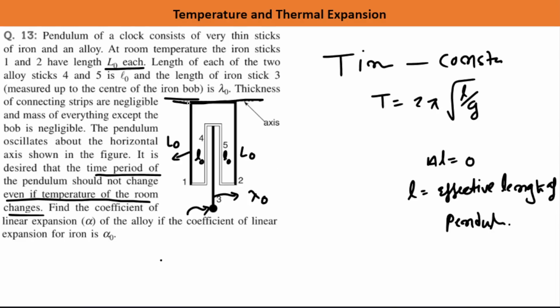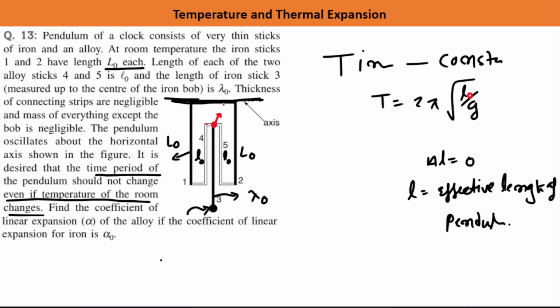So here this axis is fixed, right? If by mistake you take the length from this point, lambda naught or L naught, that will be a mistake, because this is not going to stay fixed. If it expands, then the length of 4 will increase. I mean, the length of the 5 segment will increase, and in that case this position is not fixed. And effective length, when we measure it from a fixed position, that is not going to change.